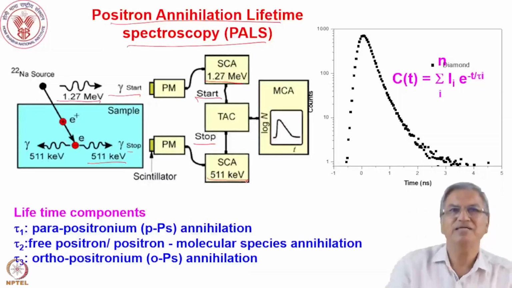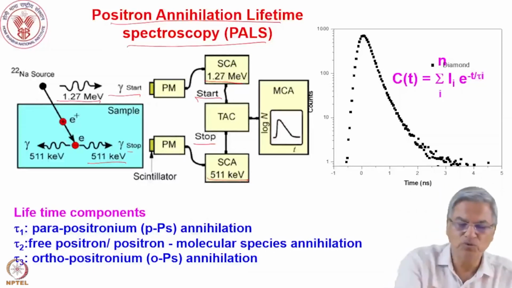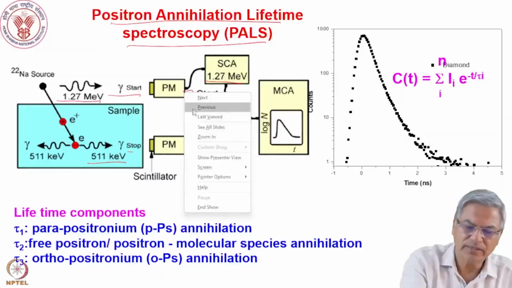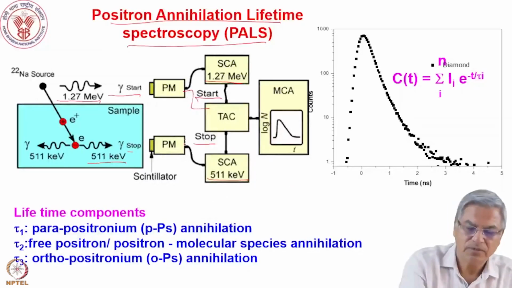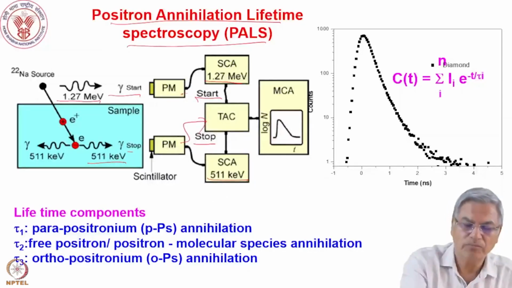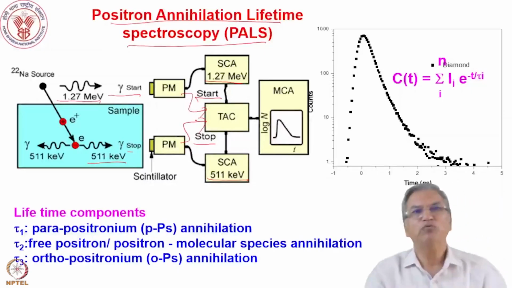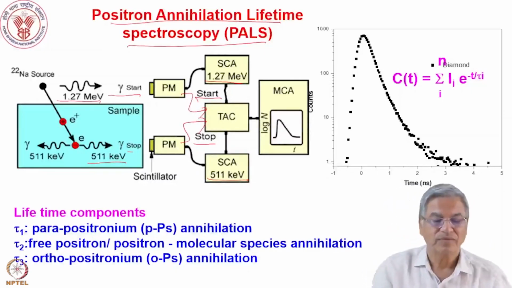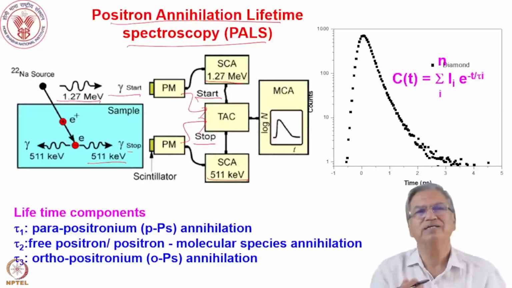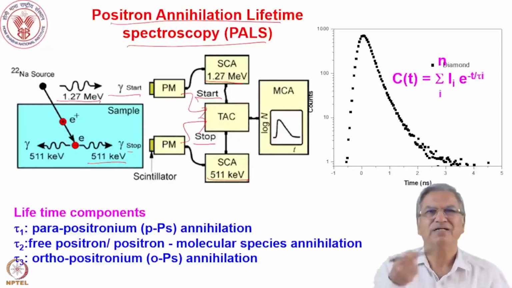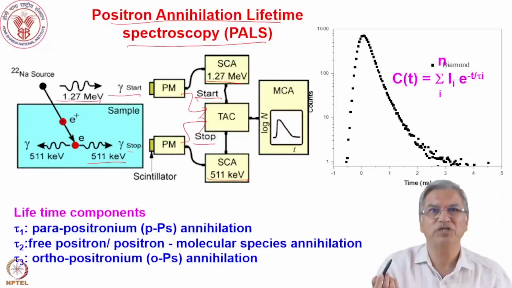another single channel analyzer where you get the 511 keV gamma, and you take a start signal and a stop signal from the time to amplitude converter. The time to amplitude converter converts the time signal into a voltage signal.